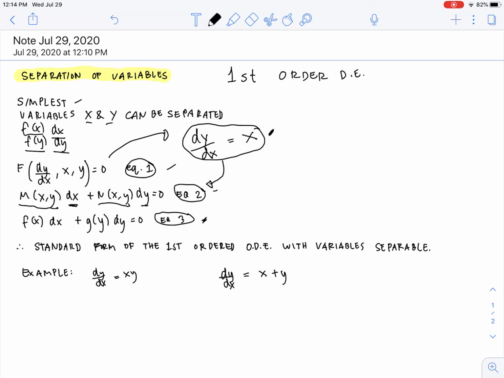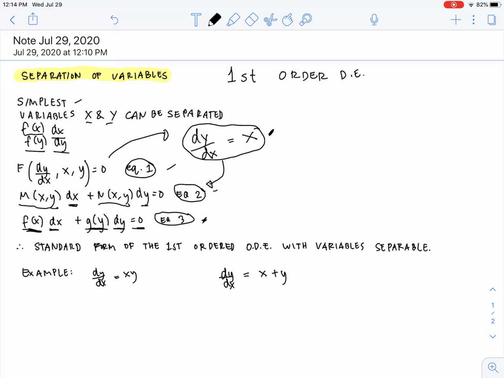The main purpose of separation of variables is to separate the variables x and y. So what remains with dx should be a function of x alone, and what remains with dy should be a function of y alone, then equated to 0. Okay?